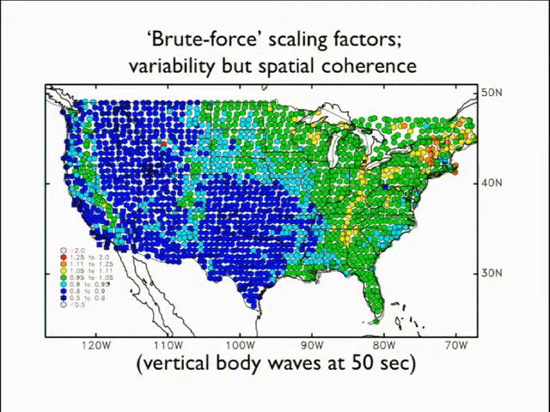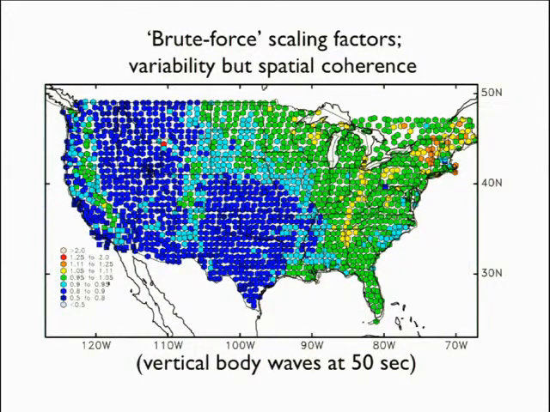Here's a map of those scaling factors. And the interesting thing here is that each of these numbers is related only to a particular station. There's no smoothing involved here. As for the color scale, green is between plus or minus 5% scaling, yellow is 5 to 10, and light blue is also 5 to 10. And you can see the most extreme ones are 40% or so.